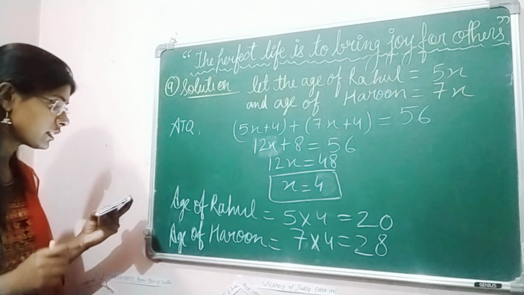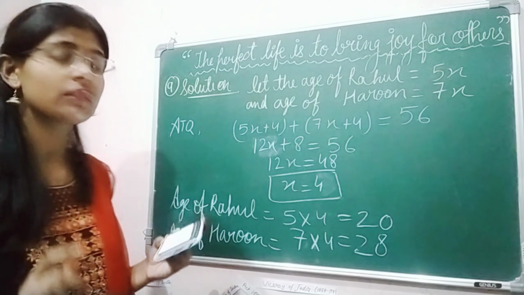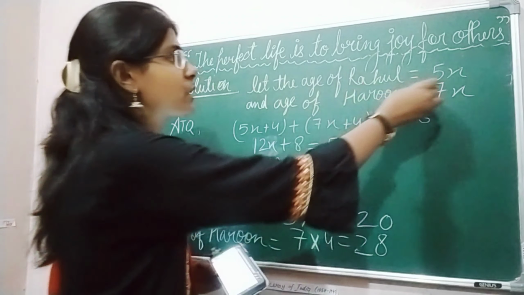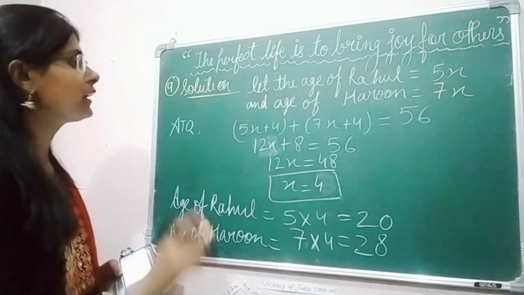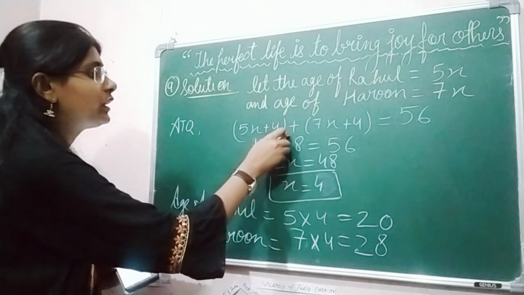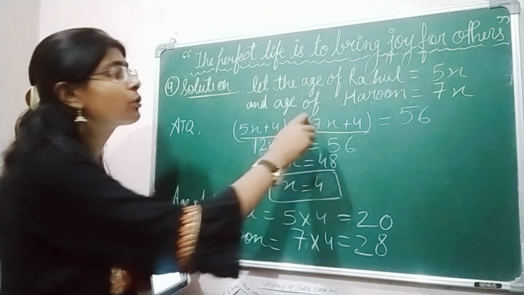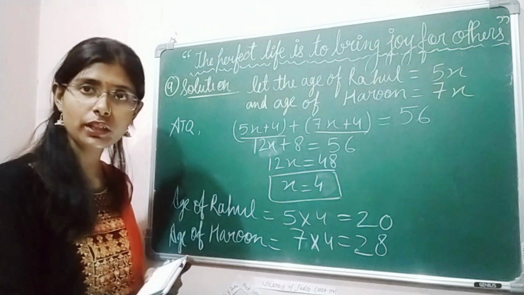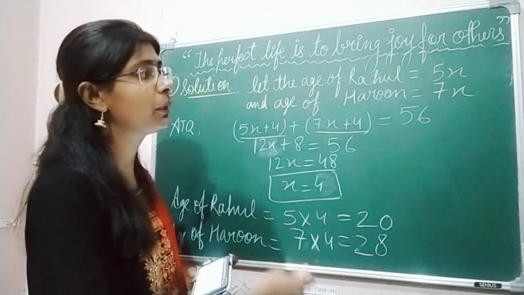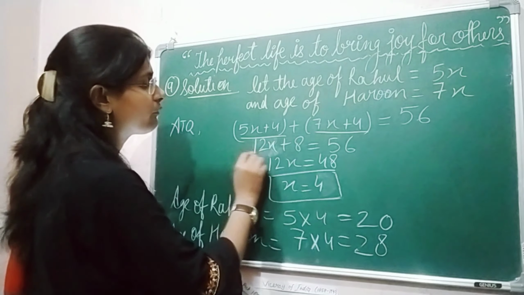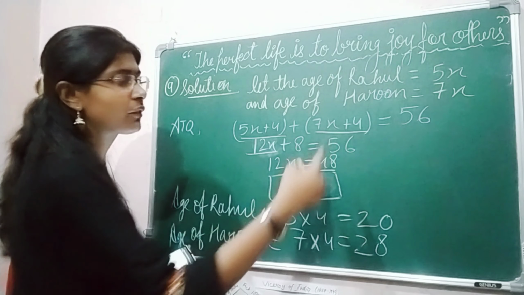So let's see the question number 9 of your textbook. The question says the ages of Rahul and Harun are in the ratio 5:7. So it means you need to take their ages as 5x and 7x, and the sum of their ages after 4 years is 56. So in their ages we will be adding 4 for each, because after 4 years Rahul will be 4 years more than his present age and also Harun will be 4 years more than his present age. 5x plus 7x will fetch you 12x plus 8 is equal to 56.